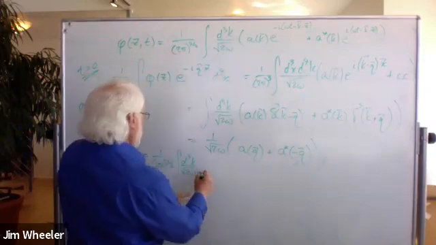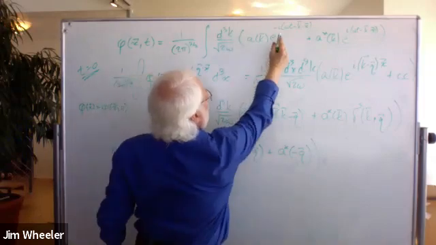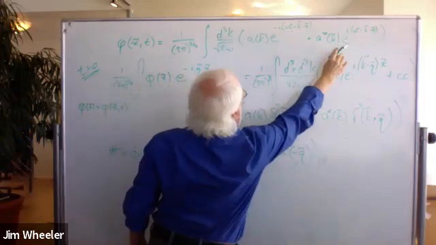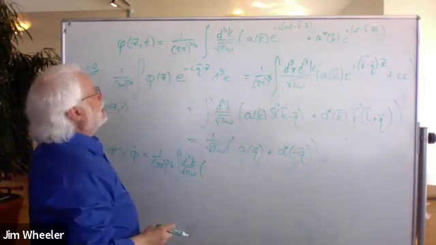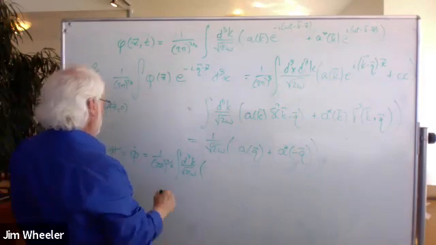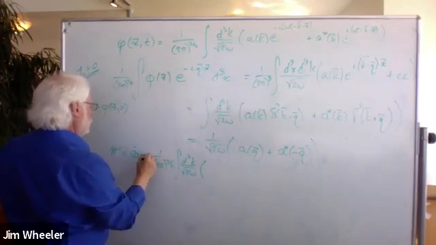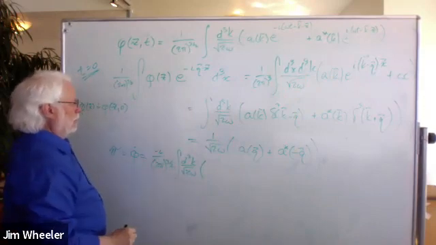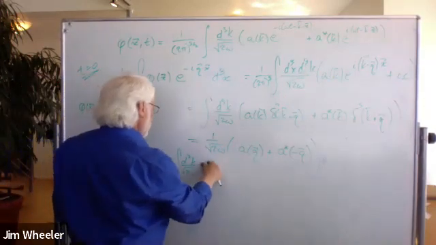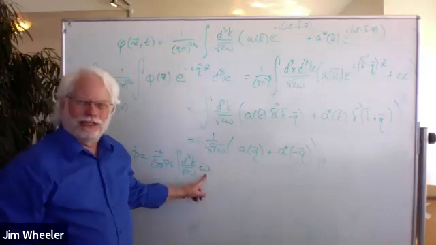Then we get a minus i omega when we differentiate here, plus i omega there. So let's pull out a minus i here, and the omega has to stay inside because omega depends on k.